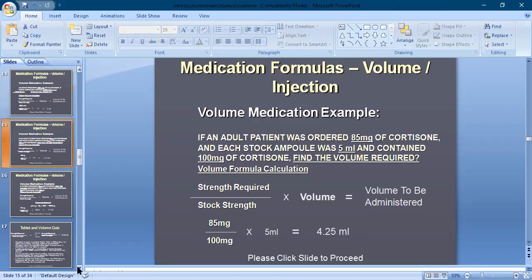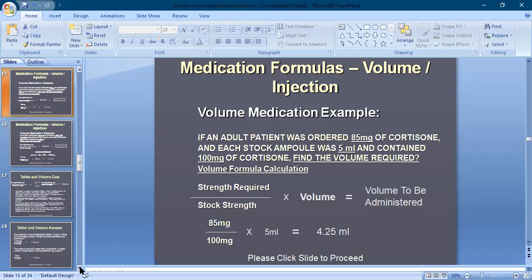Another formula, also about volume, but a different example I left here for students, because you do not know what question you will get on the NCLEX board. This is the reason I left some of the examples here. Volume medication example: if an adult patient was ordered 85 milligram of cortisone, a steroid, and each stock ampoule was 5 ml.